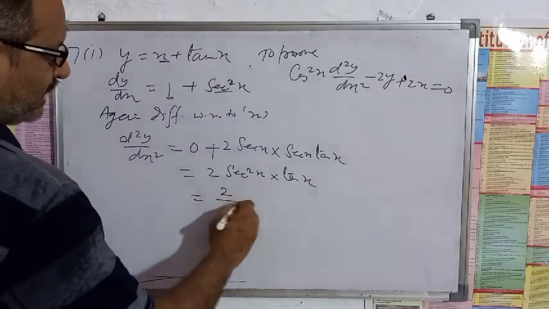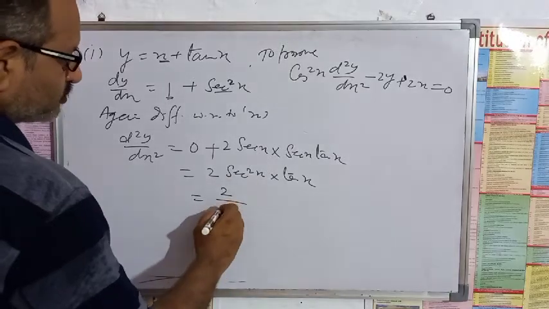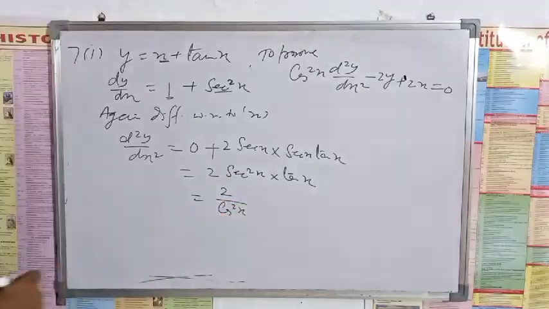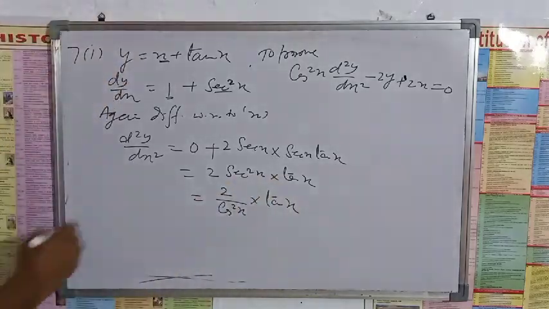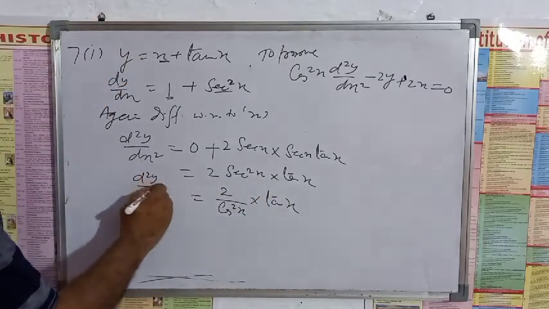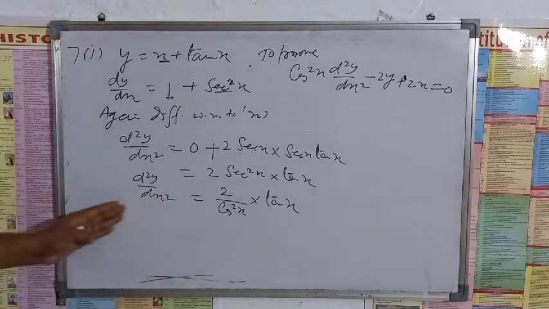Sec square x we can write as 1 upon cos square x, into tan x. It is d2y by dx square. Cross multiply.